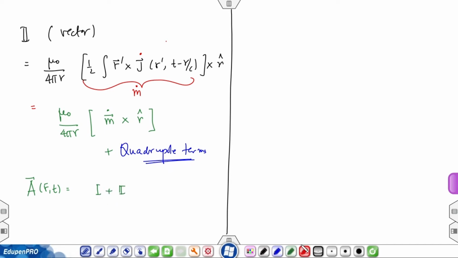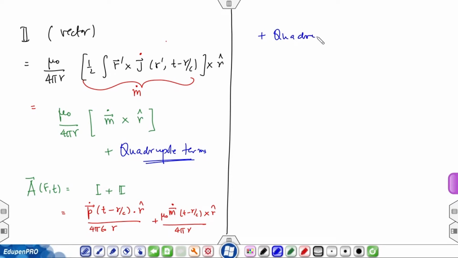First term, if you recall, is equal to the dipole moment dot calculated at t minus r over c, dot r over r, 4 pi epsilon 0, plus m dot calculated at t minus r over c cross r, mu naught over 4 pi r, plus quadrupole terms.